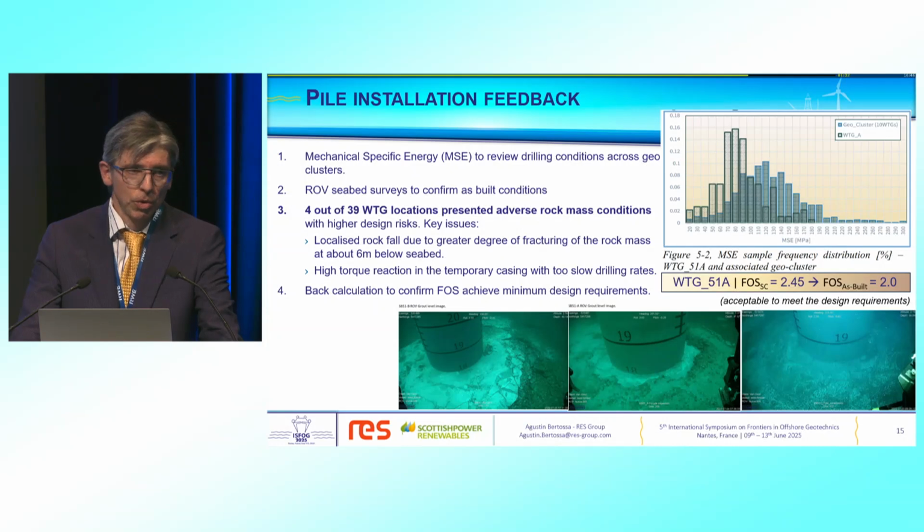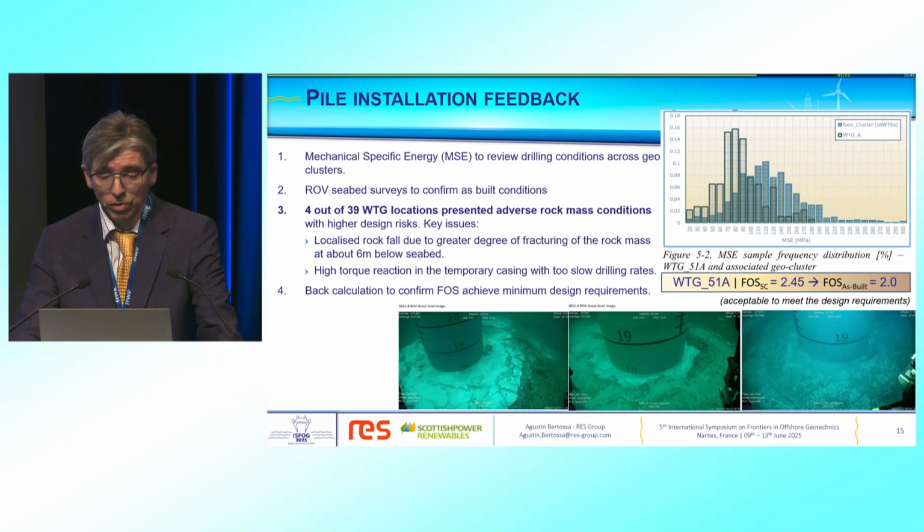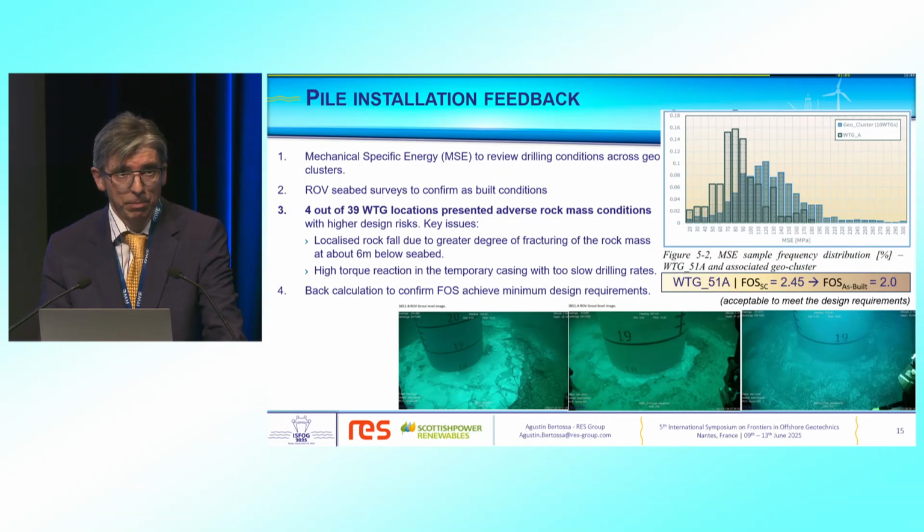So going through a review on the engineering and some back calculation, taking some judgment on the as-built records, we concluded that the factor of safety at that location was reduced from 2.45 to 2.0. So the effective factor of safety ended up being 2.0, which was still acceptable.